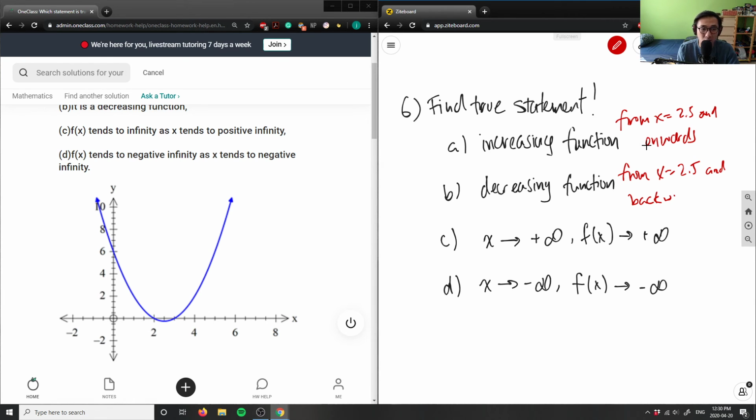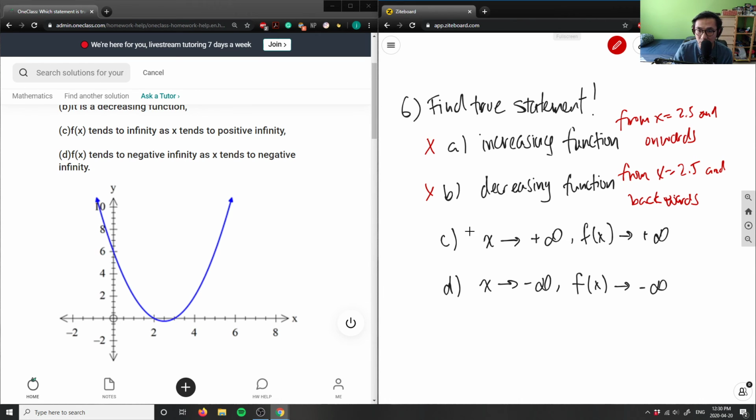Or no, in this case it would be a decreasing function because this value decreases here. So this here is a decreasing function. However, the entire function is both increasing and decreasing. So in this case, A and B are both wrong, right? Because it's both in this case.